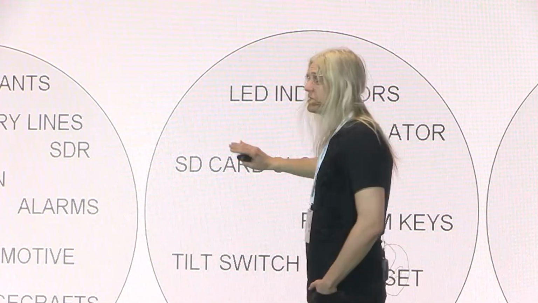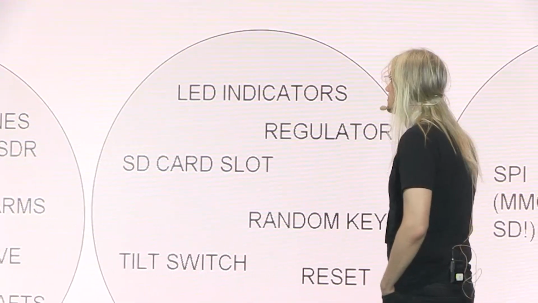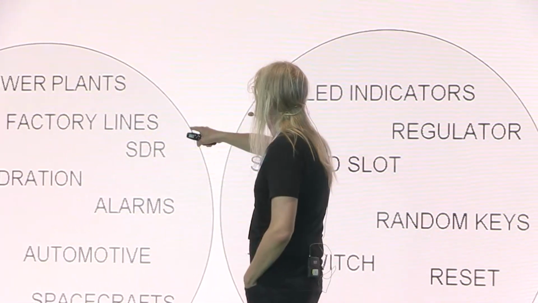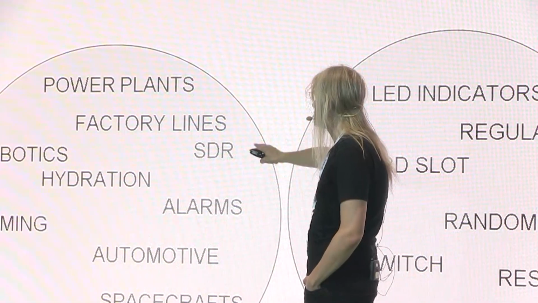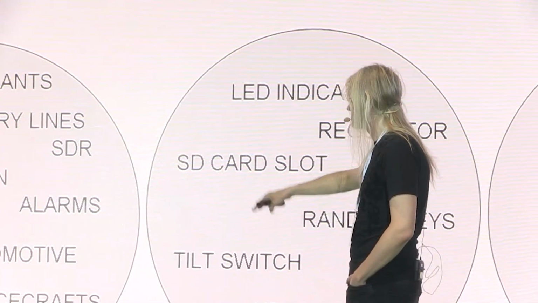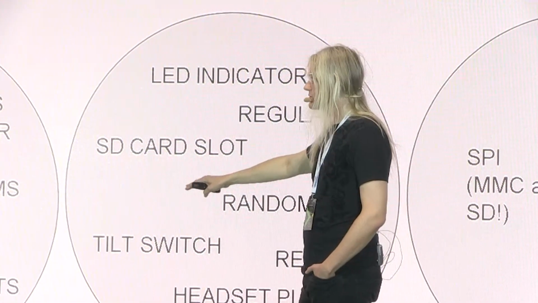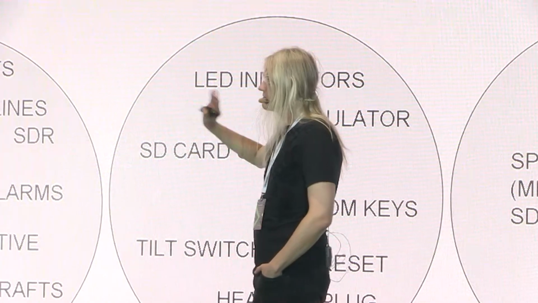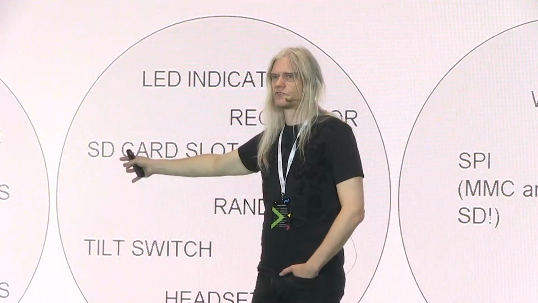These are all the things that we use GPIO for. The most exotic and everyday things are over here. It's automatic control. Those things you know about. There are power plants and factory lines and robotics and farming, alarms, burglar alarms, heat alarms, whatever alarms, automotive. There were some automotive guys here. Spacecrafts, ventilation, whatever you do that is in automatic control or industrial control.